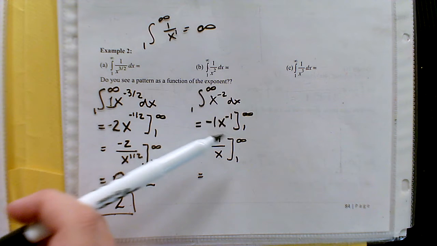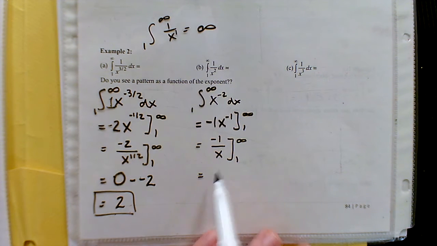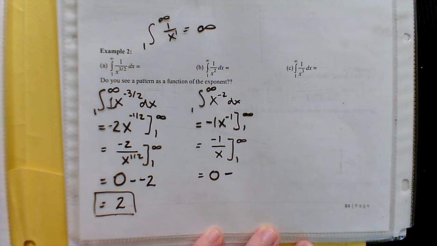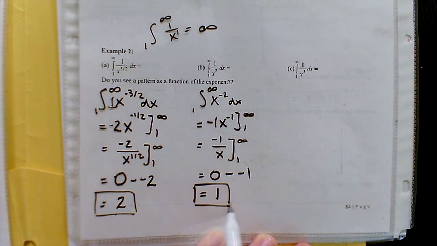If you plug in your top bound of infinity, you've got to think about your growth rates. Which one's growing faster, and therefore what are you approaching, or what's your value? 0, okay. So we have 0 minus negative 1, which would just be 1.